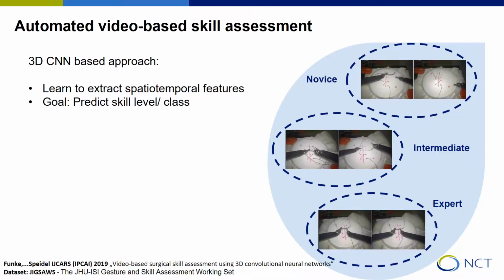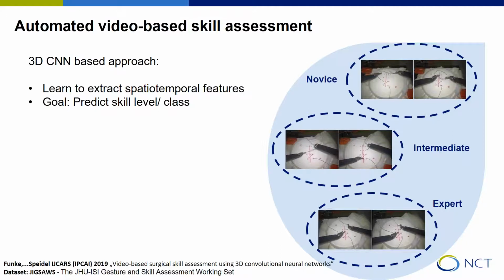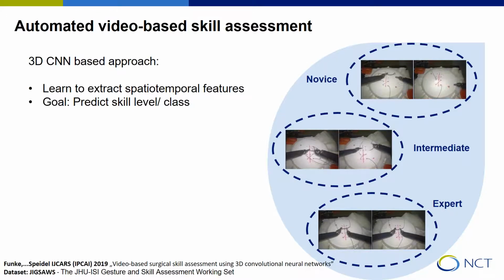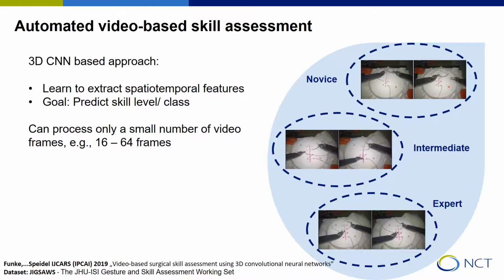So our goal here is to predict the skill level and the class of the participant. But the drawback of 3D CNNs is that they can only classify a small number of video frames. So only snippets can be classified.